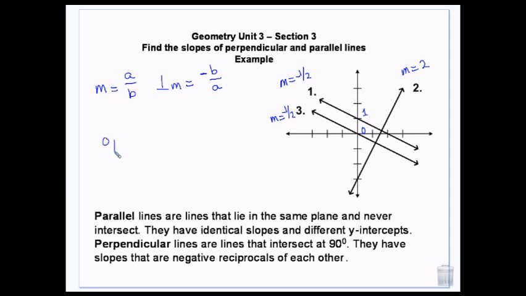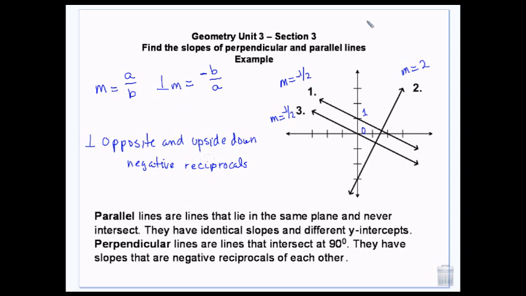So it's opposite and upside down. Technically these are negative reciprocals, if you want to talk about them in math terms. So opposite and upside down are perpendicular.